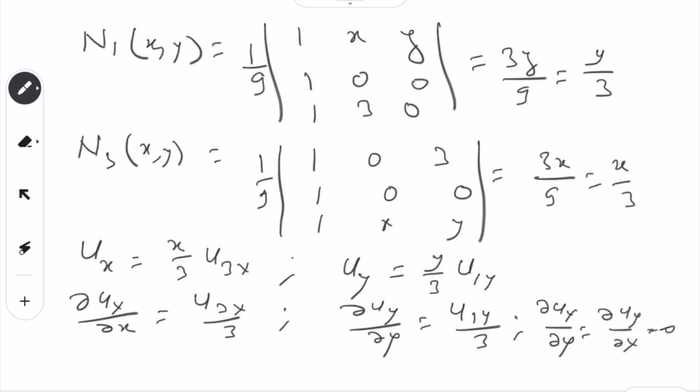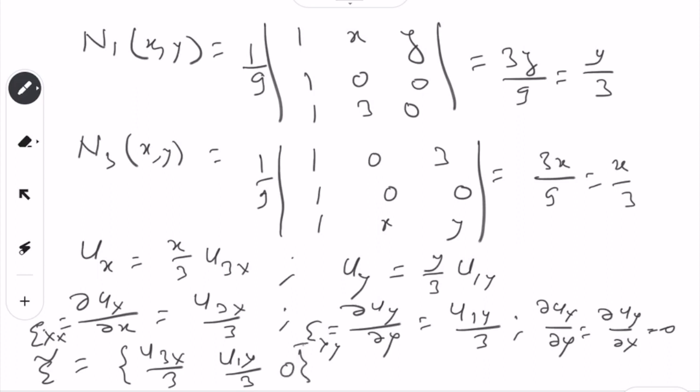Hence this one is epsilon xx, this is epsilon yy, and this plus this is epsilon xy. Hence epsilon tilde is equal to u3x over 3, u1y over 3 and 0, transpose of that.